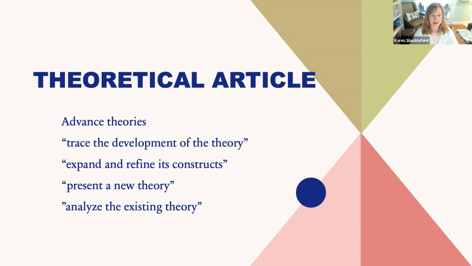They're helping advance theories. They're helping trace the development of the theory. These are all quotes from the APA manual. They're expanding and refining its constructs. Sometimes they present a new theory, and sometimes they analyze the existing theory.